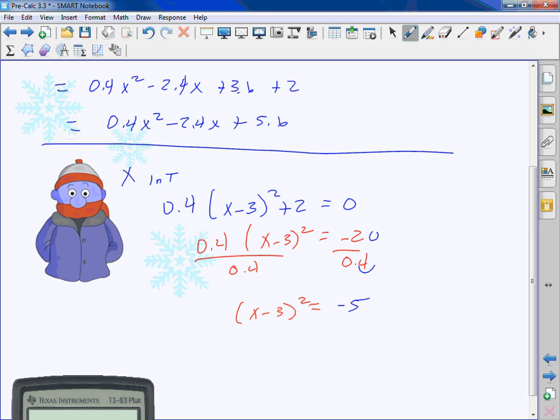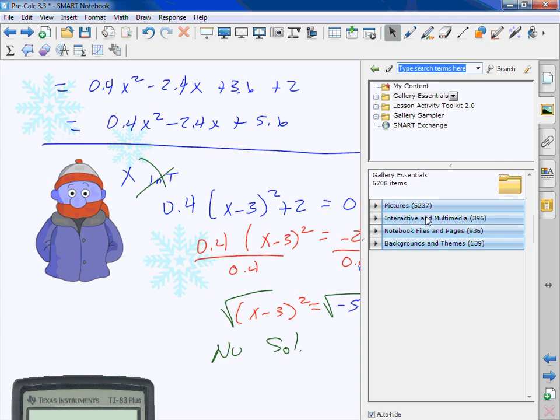Next step. Take the square root to get rid of the square. What happens? I can't take the square root of a negative, so this one is no solution, which means I can't put it in X-intercept form because there's no X-intercepts. What does that mean for my graph?